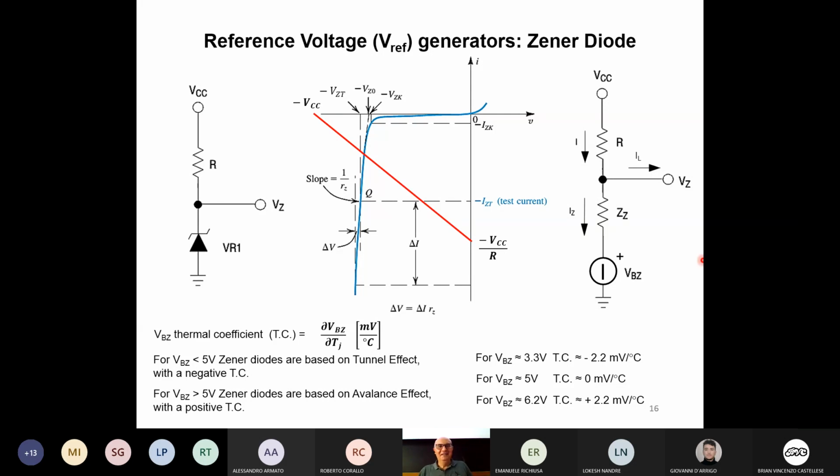That means also that I have to increase the VCC, but also that I have to increase the dissipation in the resistance R. Because if I increase the VCC, but the output voltage must remain more or less the same, I will increase a lot the power dissipated in the resistance R. So ideally, I would like to have a very high resistance, but I cannot do that, unless I remember something.